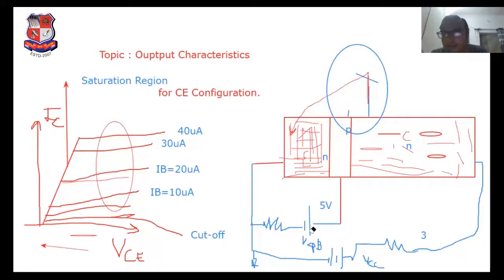So a large current can flow in the collector compared to VCC equal to 2 volt. Now if you put VCC equal to 0 volt, what is the meaning of that? VCC equal to 0 volt means consider it a short circuit.